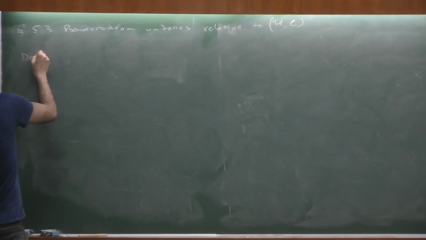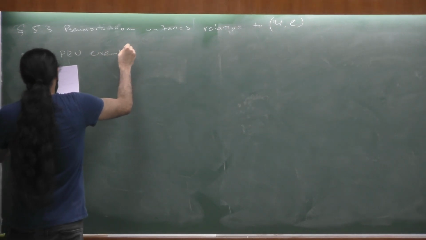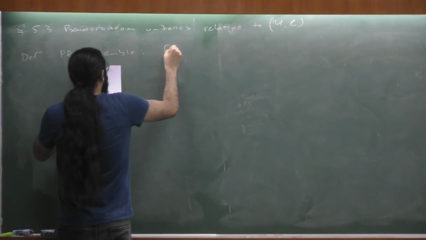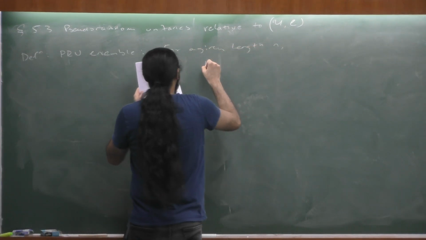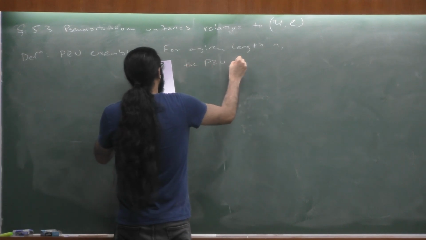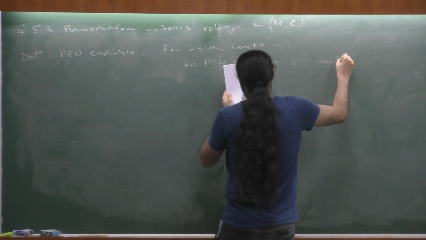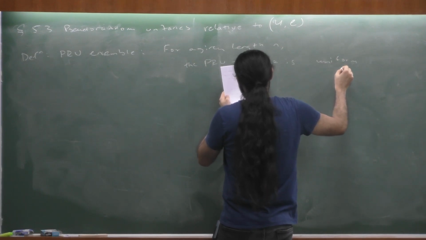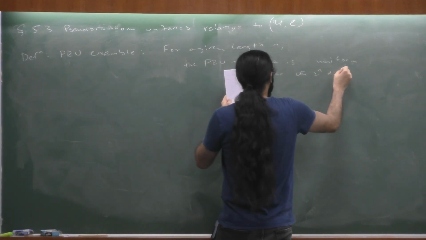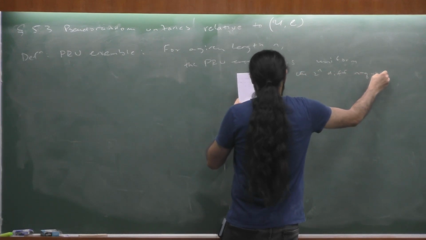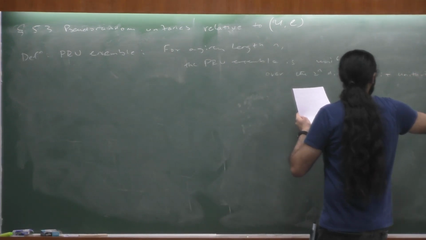Okay. So the PIU ensemble that we're going to use is that for a given length n, the PIU ensemble is uniform over the 2 to the n different n qubit unitaries in UN.